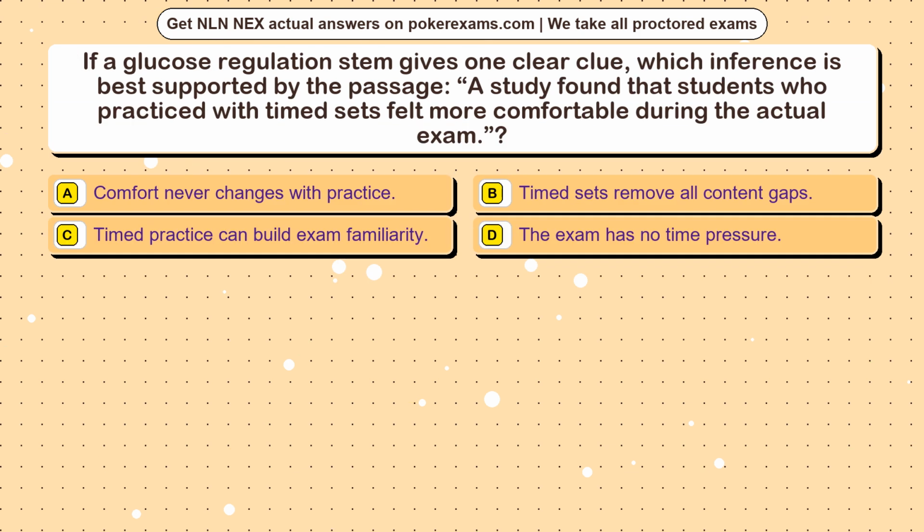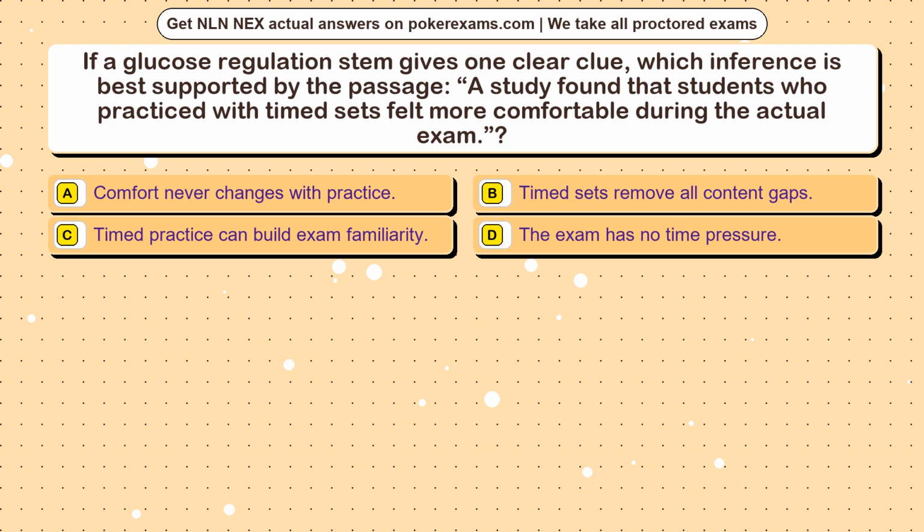Question 4. If a glucose regulation stem gives one clear clue, which inference is best supported by the passage? A study found that students who practiced with timed sets felt more comfortable during the actual exam. Option A, comfort never changes with practice. Option B, timed sets remove all content gaps. Option C, timed practice can build exam familiarity.